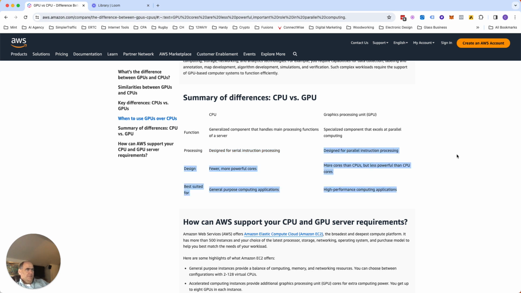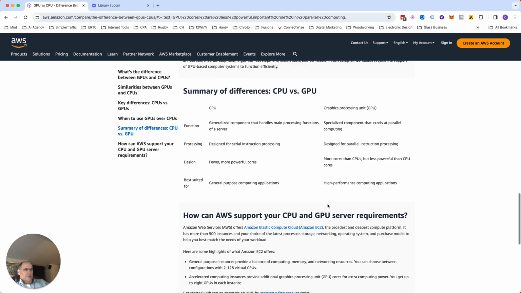And the GPU is designed for parallel processing. The design of the CPU is fewer, more powerful cores, and GPUs have tons of cores, but they're less powerful. The CPU is general purpose computing apps, and the GPUs are for high performance computing.